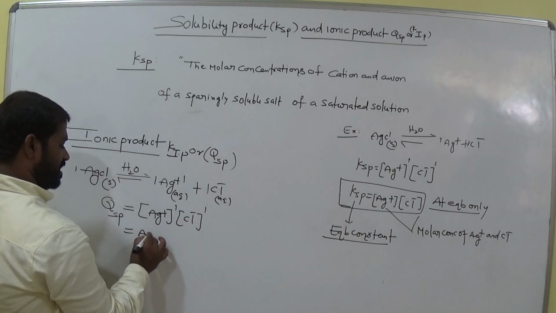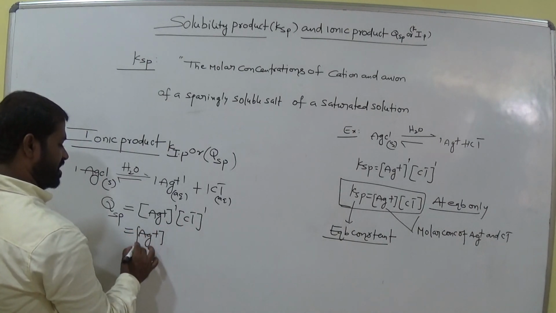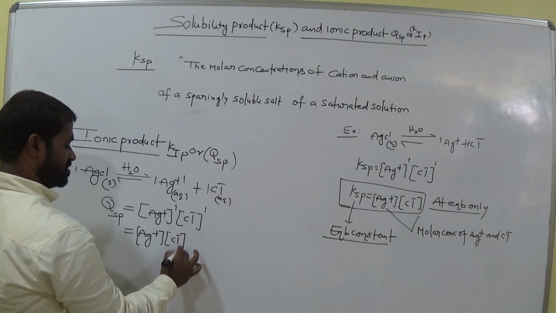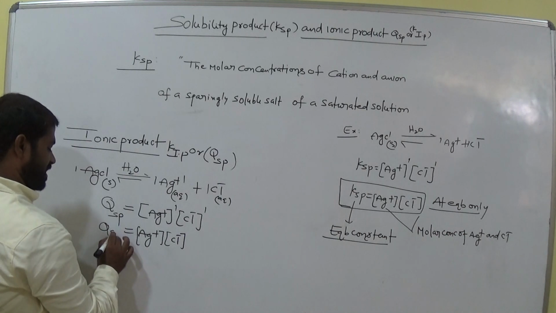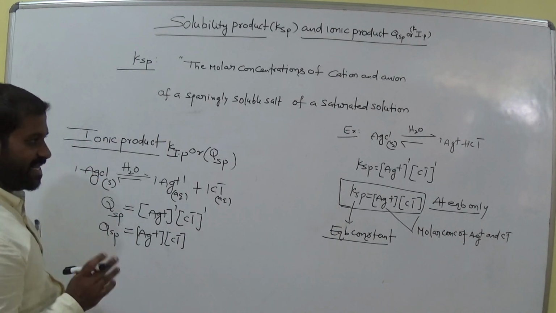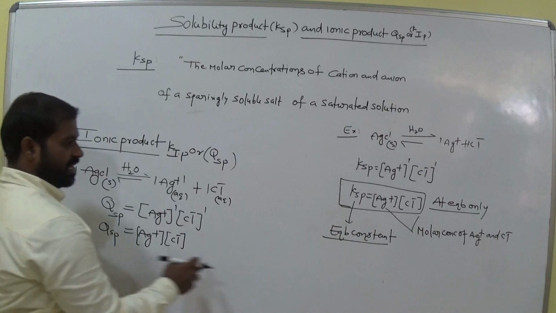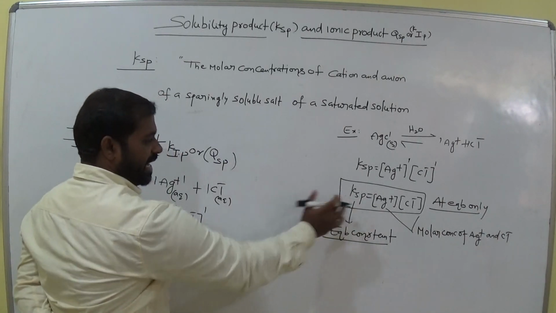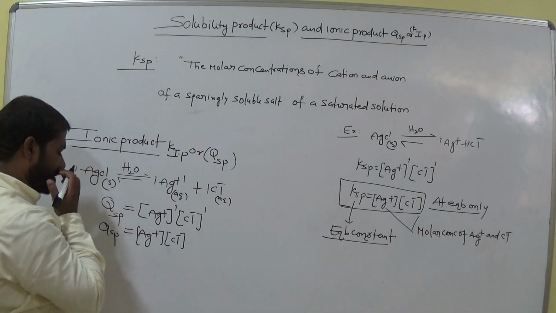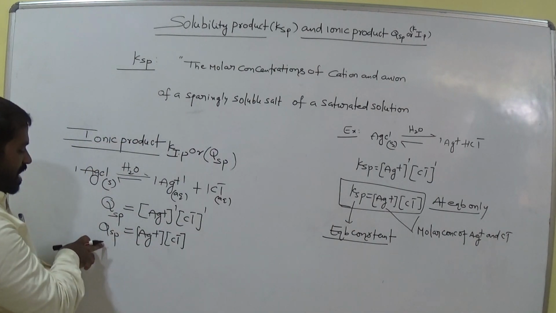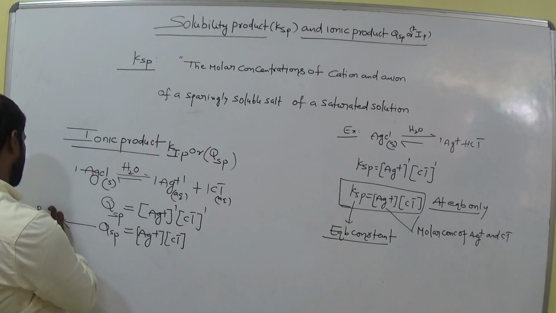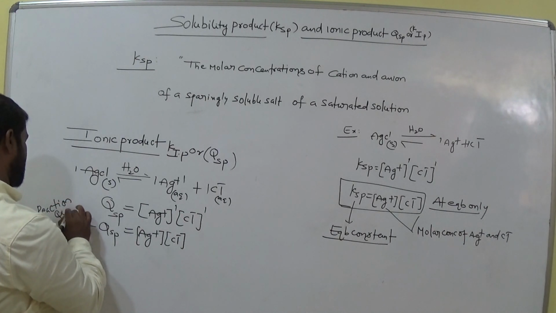So finally Ag plus times Cl minus is QSP. Okay. Now what is the difference between QSP and KSP? Both expressions are the same, but KSP is the solubility product at equilibrium, whereas QSP is also called the reaction quotient. Q means reaction quotient, already we discussed.